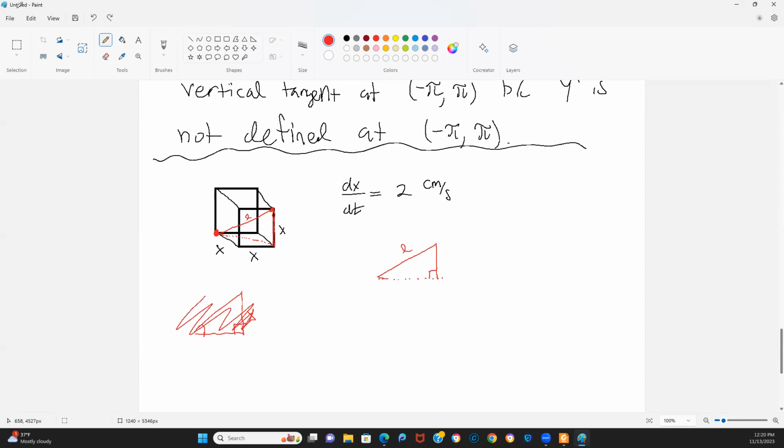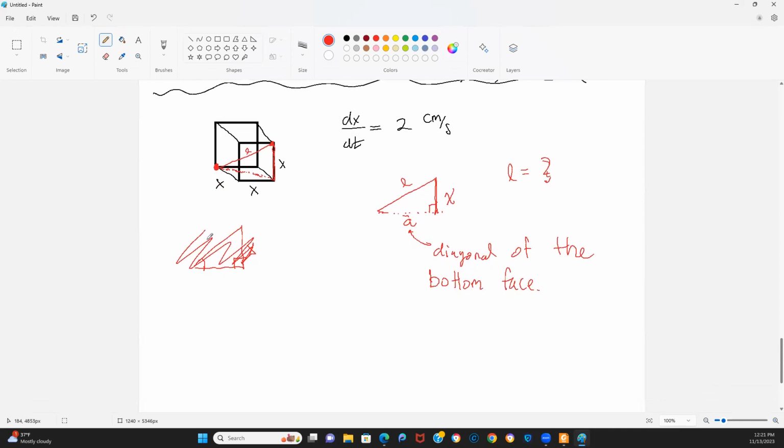So we'll call this A. So we actually have two unknowns. This side right here, we definitely know is X, but this side A, this dotted line I drew here, is the diagonal of the bottom face. But the bottom face is just a square. So we want to find out what L is in terms of X.